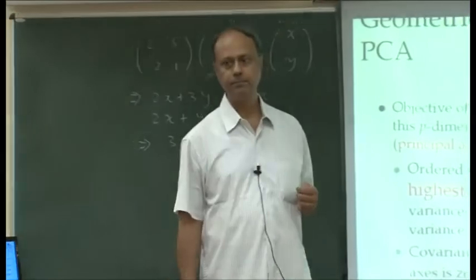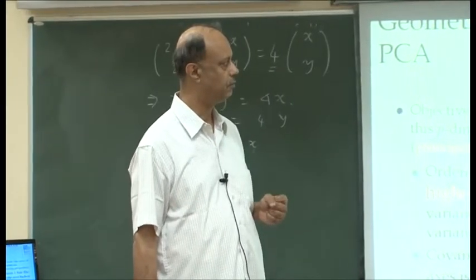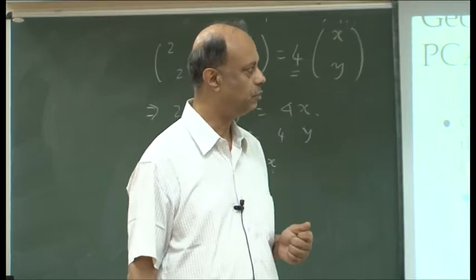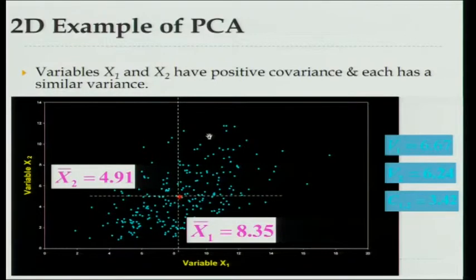Hmm? 2, 4 minus 3. How will it be 2, 4 minus 3? What is 2? x1 is 2, x2 is 4, x2 4. How did you get it?